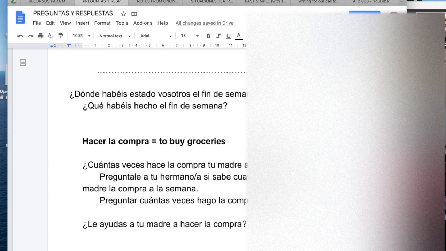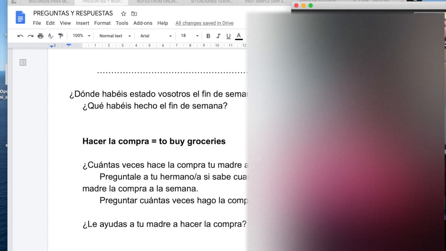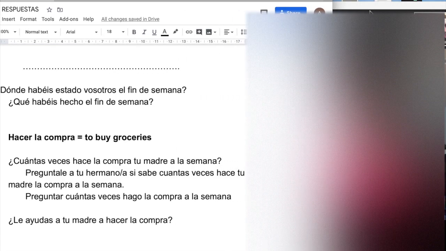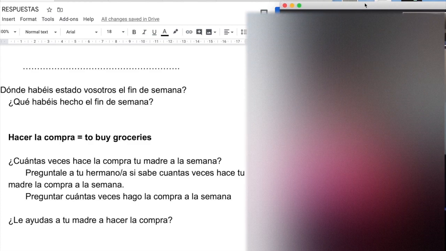Bien. Vale, Finn. O Hannah, ¿cuántas veces hace la compra tu madre a la semana? ¿Cuántas veces hace tu madre la compra a la semana?